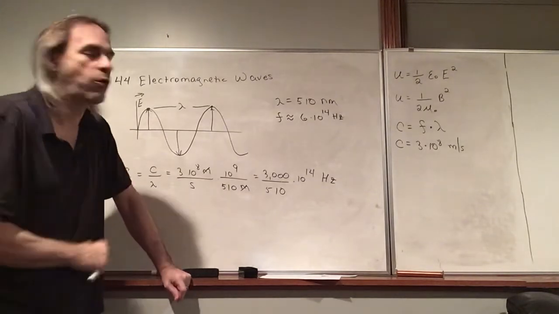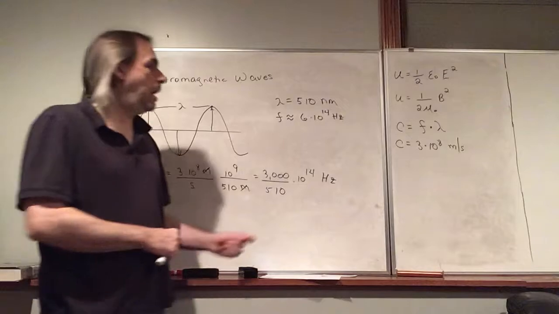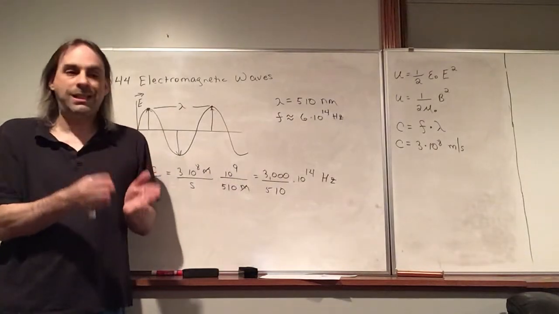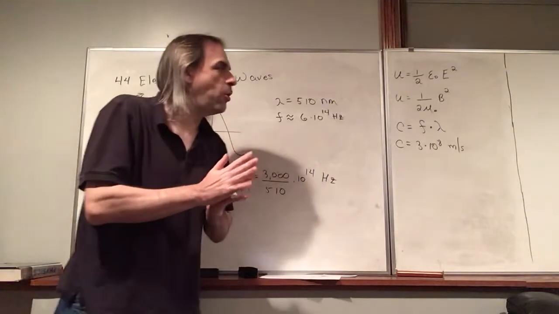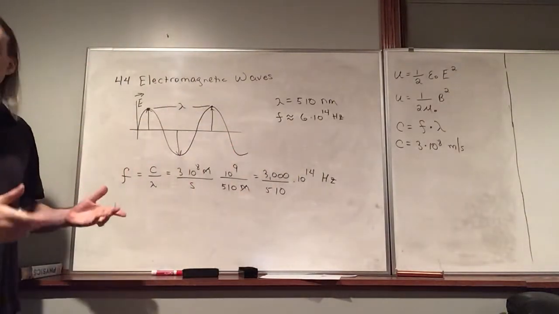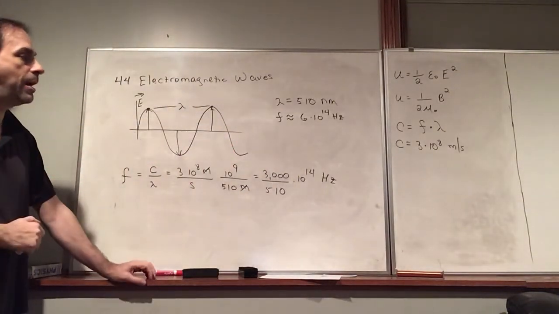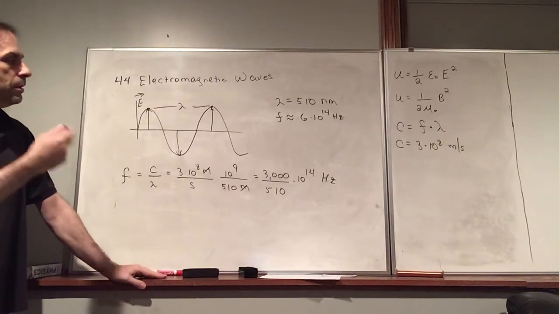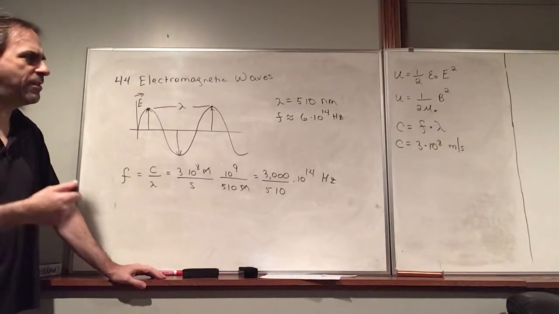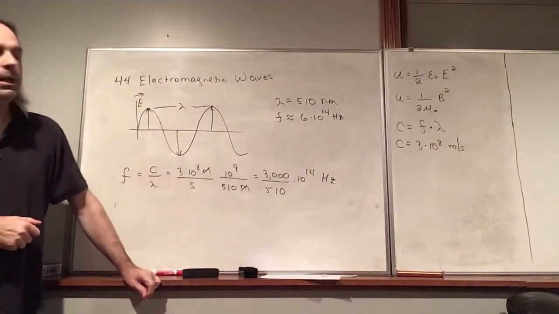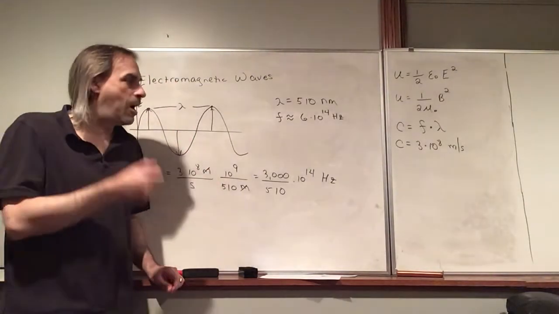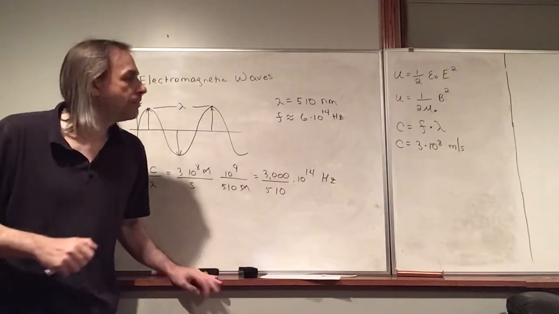Even if you look at it for a nanosecond, you're going to see literally 60,000 cycles. And so we really only concern ourselves with average values when we're talking about these properties of waves, particularly visible light. These oscillate so quickly, you're never going to detect that up and down motion directly.